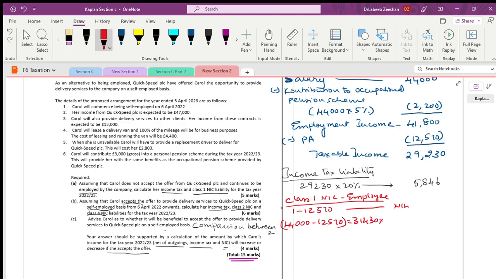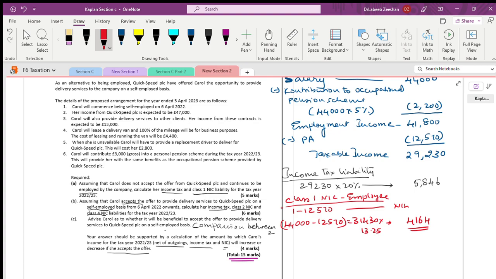Times what is the rate? The rate is 13.25%. It comes to 4,164. We have to keep this, as we will use it at a later stage.